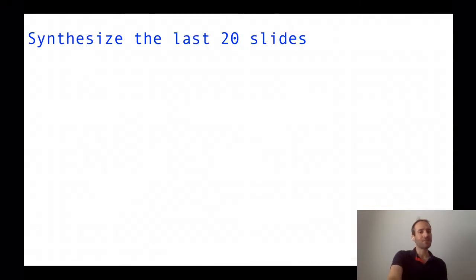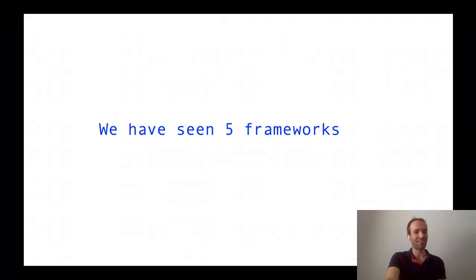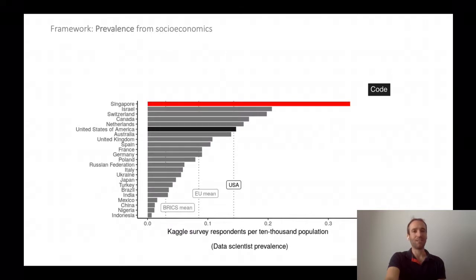Right. So challenge for you, we saw a lot of slides, and how would you synthesize the last 20 slides? I give you 5 seconds, 1, 2, 3, 4, 5, done. All right, so we've seen 5 frameworks here. We've seen the prevalence framework from socioeconomics.